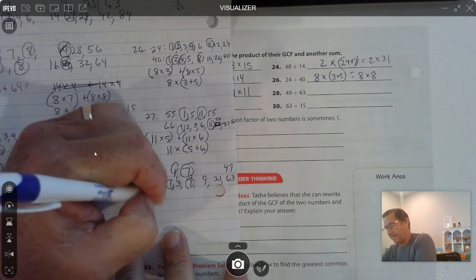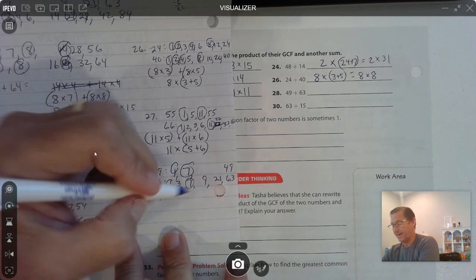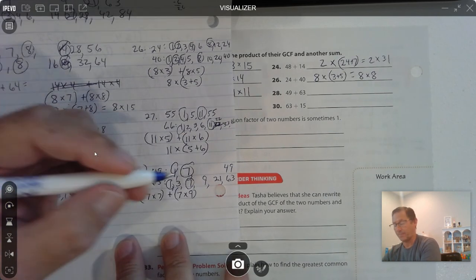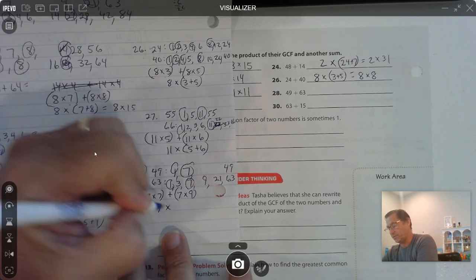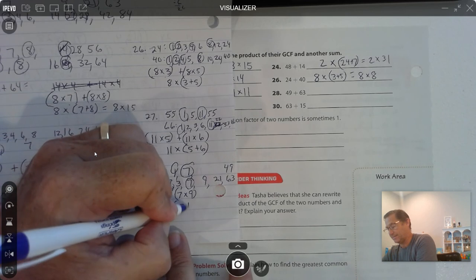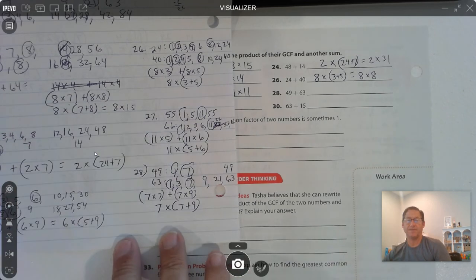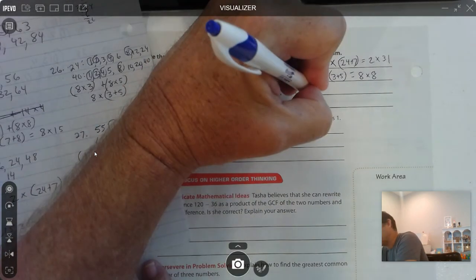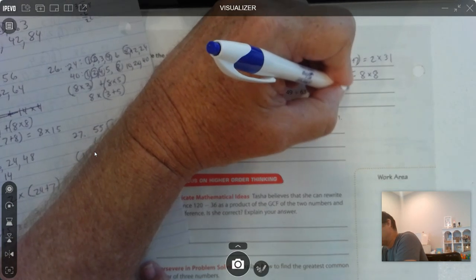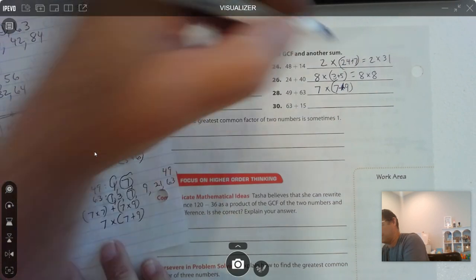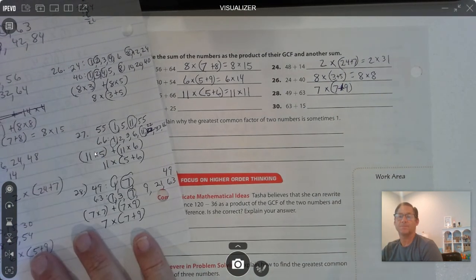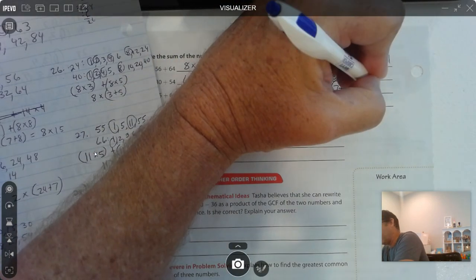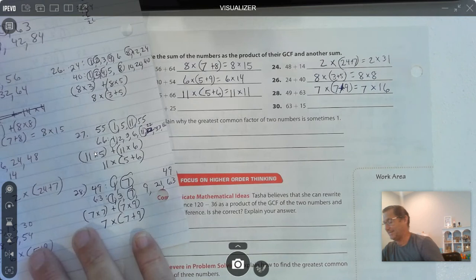So we write that as 7 times 7 for 49 plus 7 times 9 for 63. So using the distributive property, we write that as 7 times the sum of 7 plus 9, which is the same as saying 7 times 16.